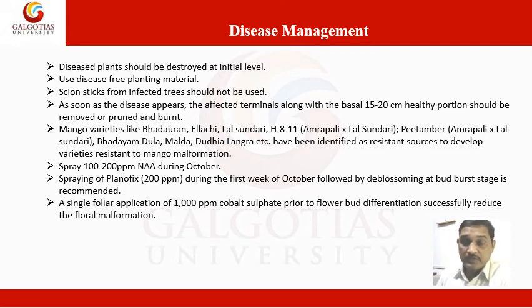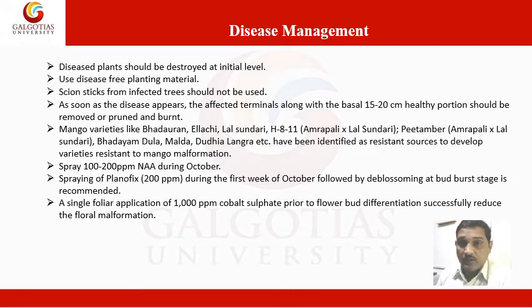It should be taken from the healthy tree or healthy plant parts. As soon as the disease appears, the affected terminals along with the basal 15 to 20 centimeter, as I earlier told you, or more than 20 to 25 centimeter of healthy portion should be removed, pruned out and burnt.